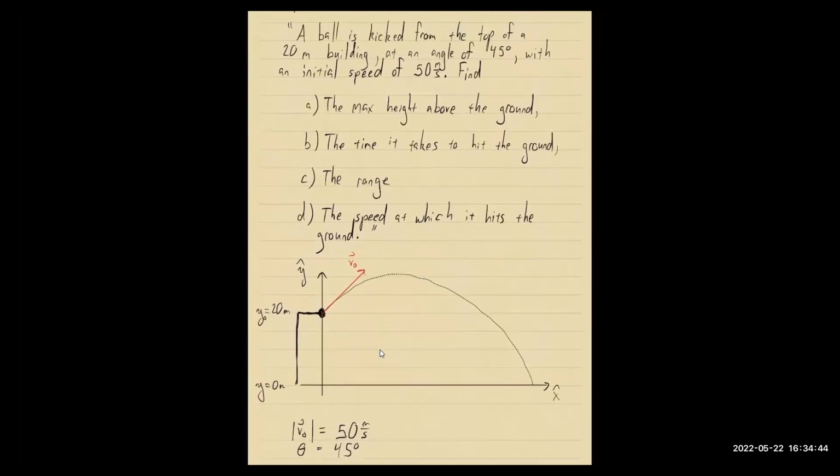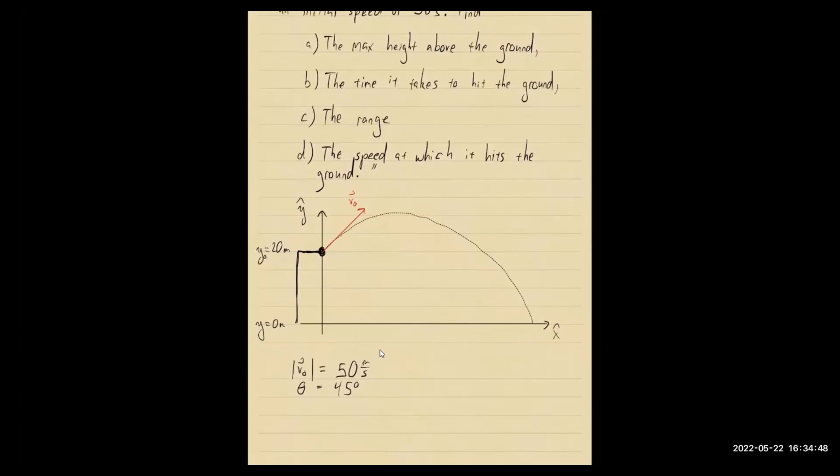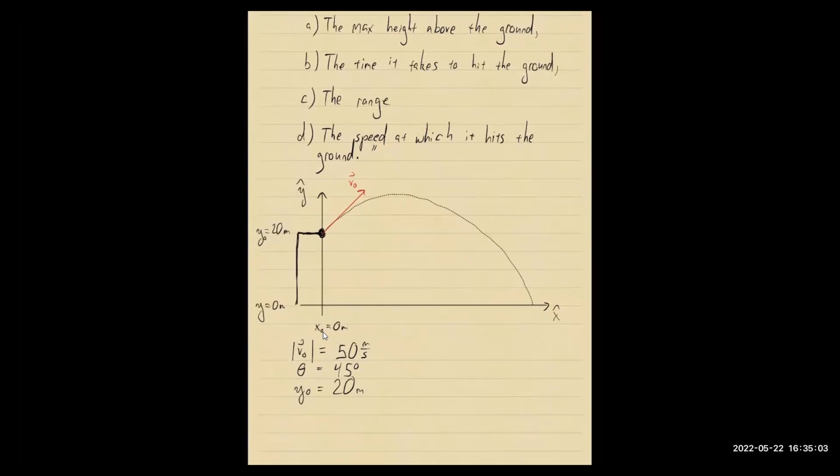What else does it say? The ball is kicked from the top of a 20-meter building. So the initial height of our ball, why not, is 20 meters above the ground. But notice that in the x direction, we're still starting at x equal to 0.